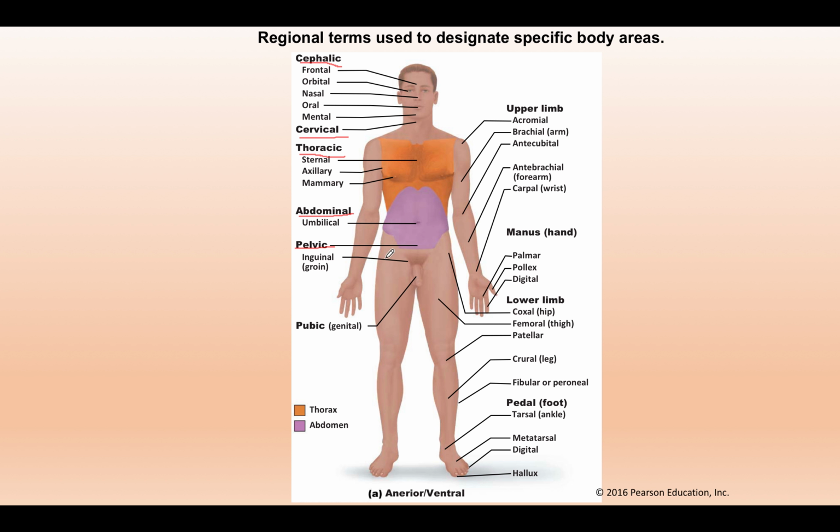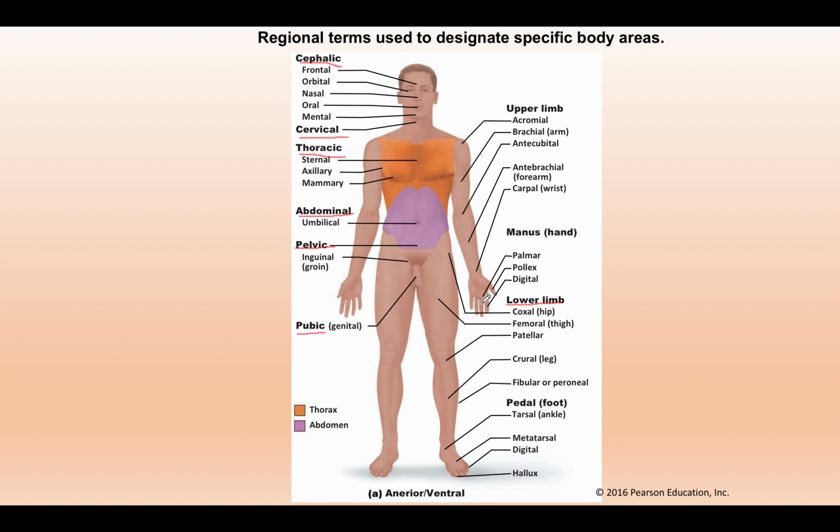Pelvic is this area in the middle where you have basically the reproductive, urinary, and digestive ends. You have the pubic area, which is your genitalia. Lower limbs as a whole basically start from your thigh all the way to your toes. And your upper limbs basically describe from your shoulder all the way down to your fingertips.